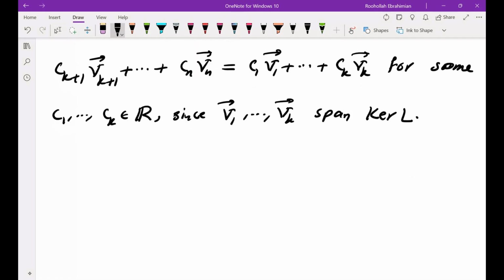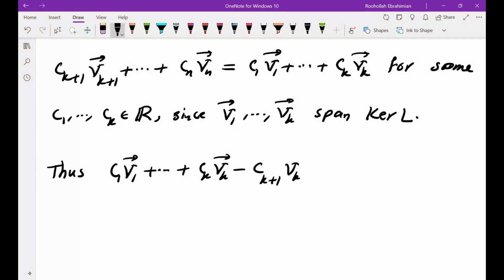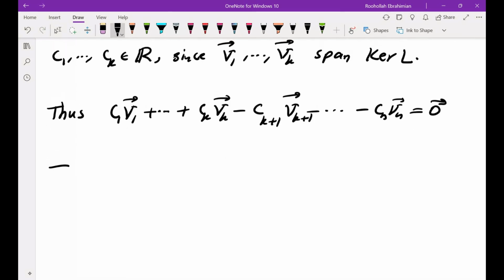Now if we bring everything to the same side, we're going to get c_1 v_1 all the way to c_k v_k minus c_{k+1} v_{k+1} minus c_n v_n is 0. But we know that v_1 through v_n are linearly independent.